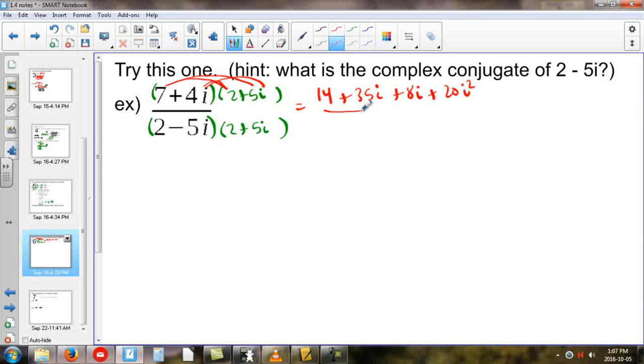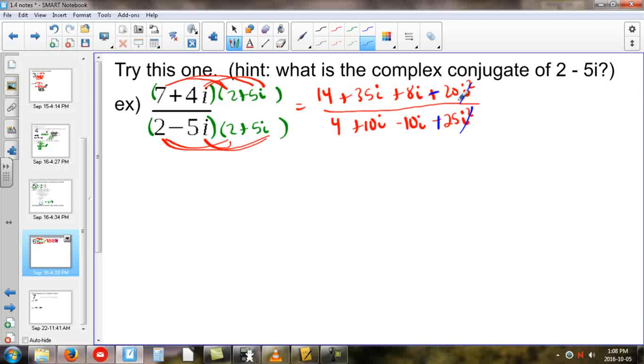Okay, all over. If I go through the whole process, I'm going to get a 4, a 10i, a negative 10i, and a negative 25i squared. But I also know that i squared changes the sign because it's a negative 1. So this is now a negative 20 up top.